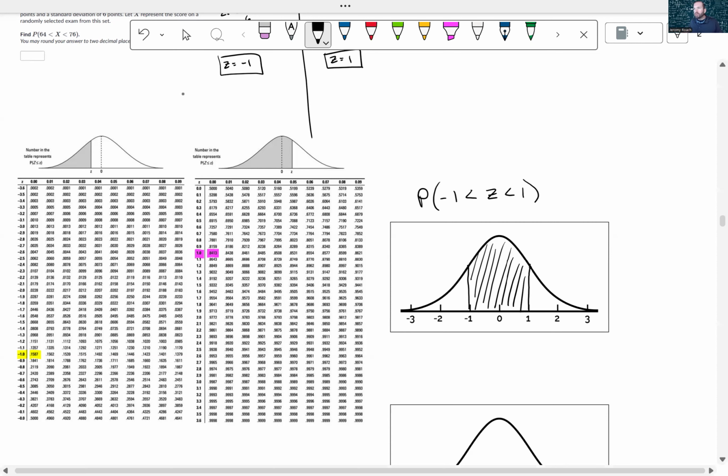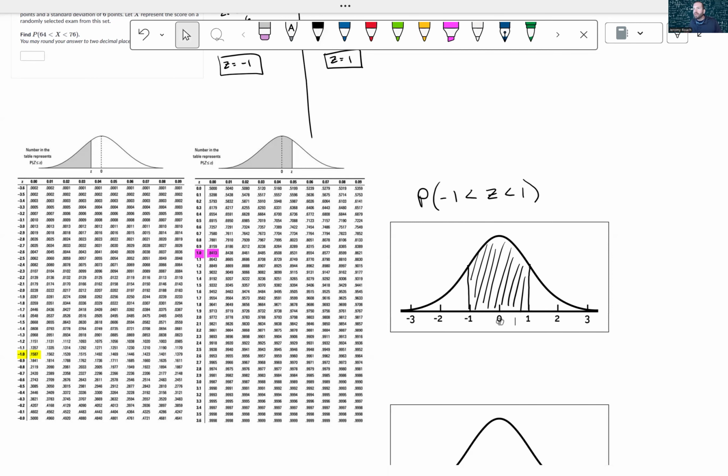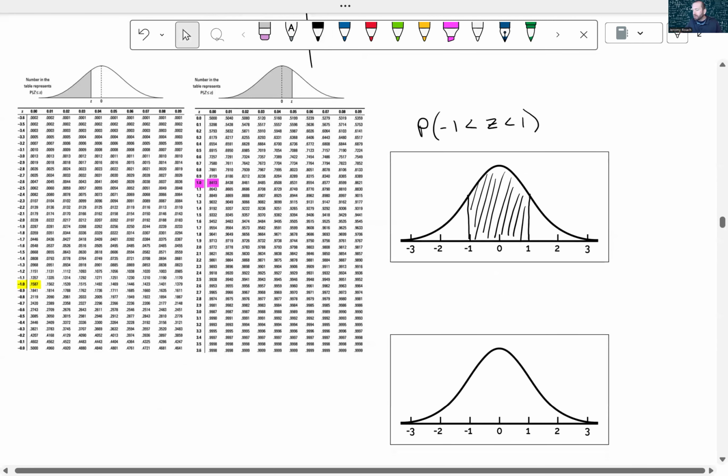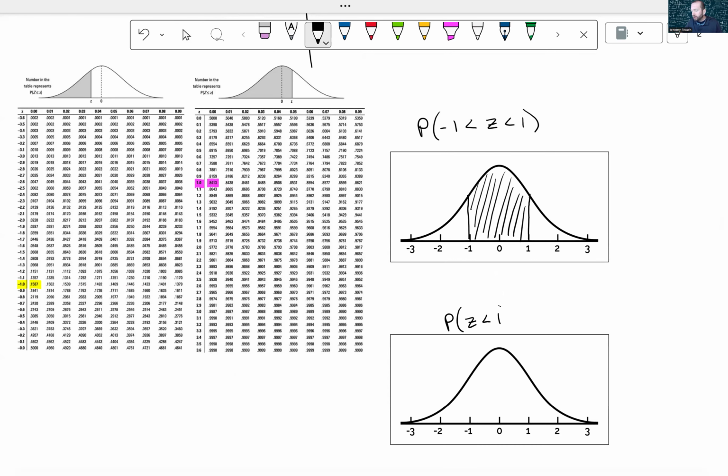Now, in order to find that, since our table only gives us left-sided probabilities, let's take a look at what the probability of z is less than 1 would look like on the table. So if we had z is less than 1, we would start at 1, and we would shade everything to the left of 1. But we just want that middle region.